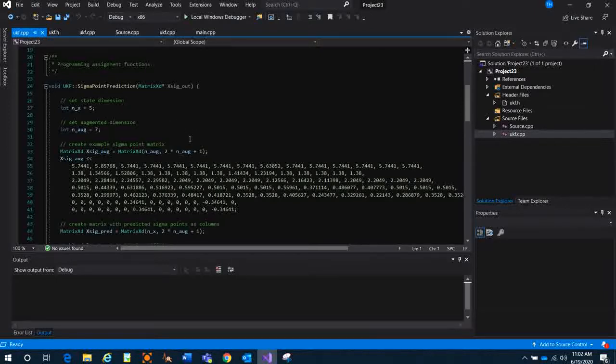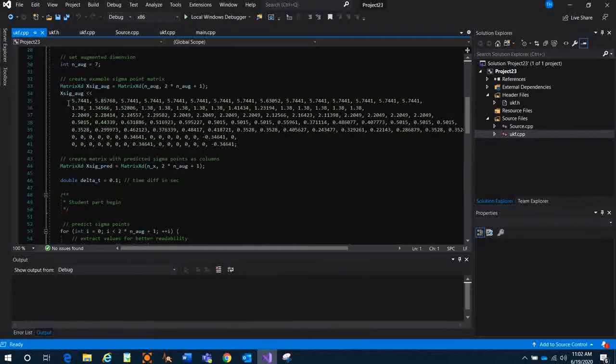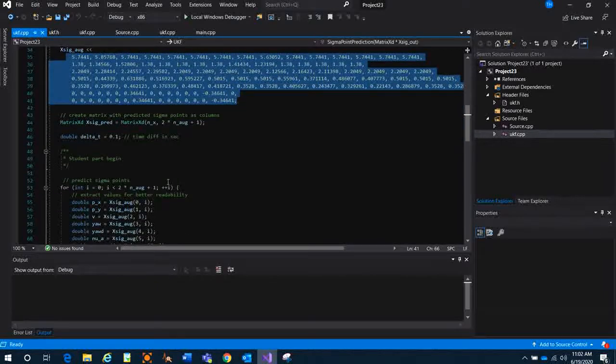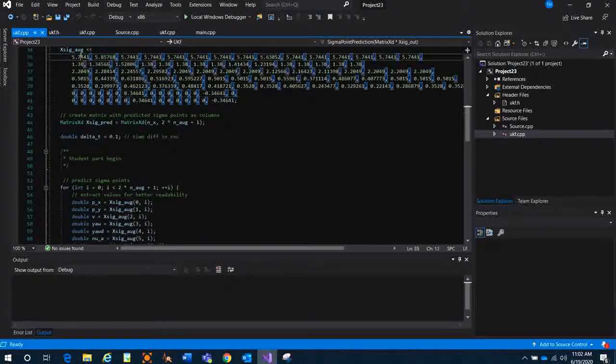We pass through all the values. Remember this one, that's the matrix we already created from the first step. That's the augmented matrix, right? Right here, the 7 times 15. But when we pass through the model, that's only the 5 state variable vector for each column right here, right?